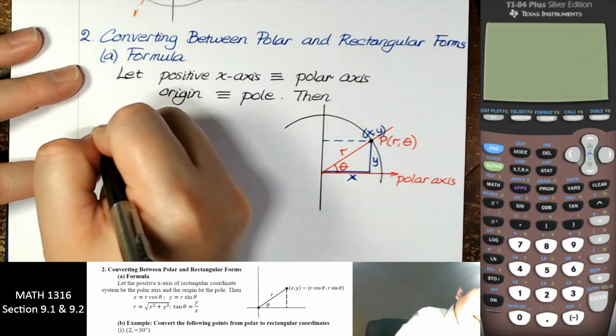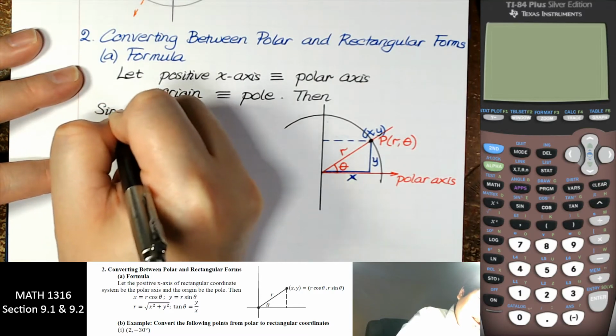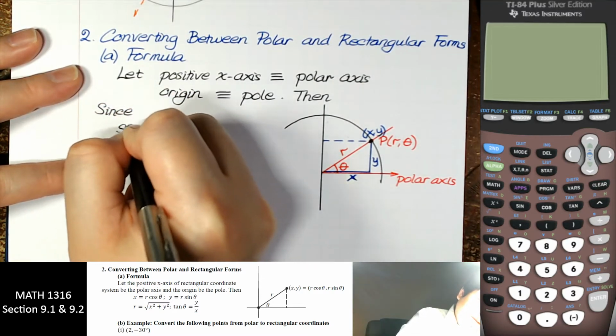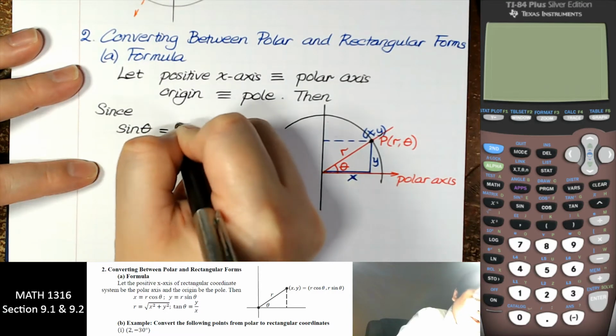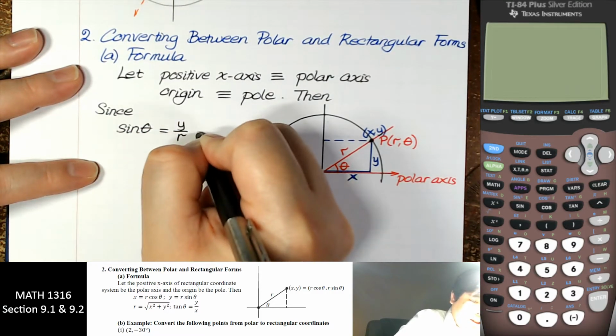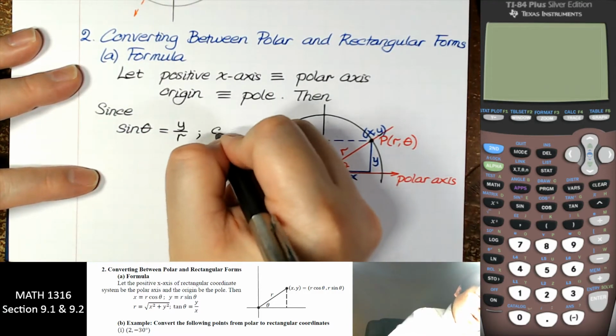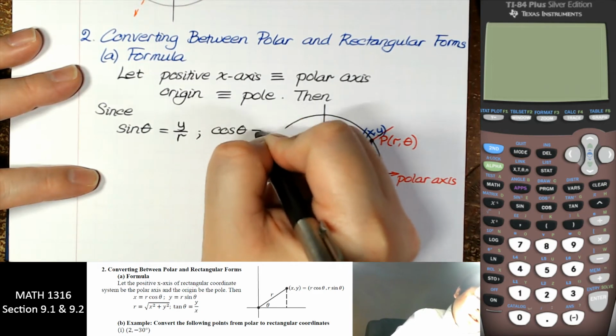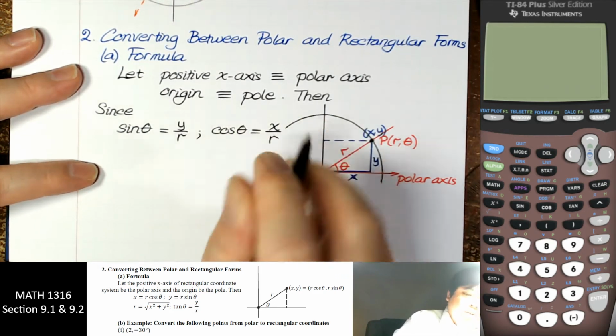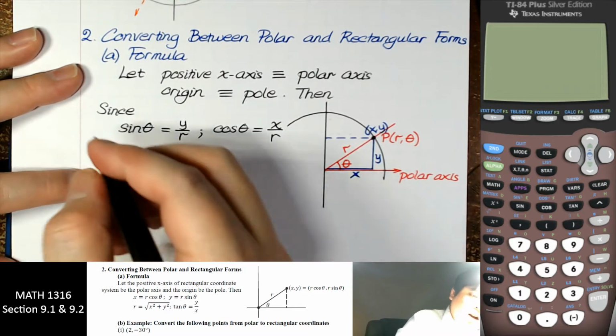Right, now it's not that difficult with the ratio. We define sine is y over r, and cosine x over r. Now multiply r on both sides.